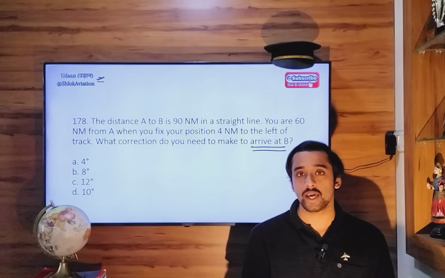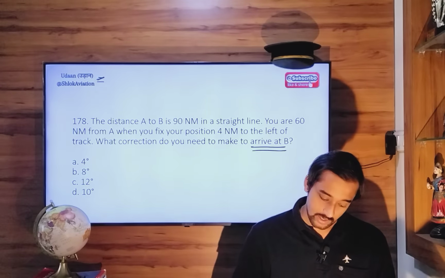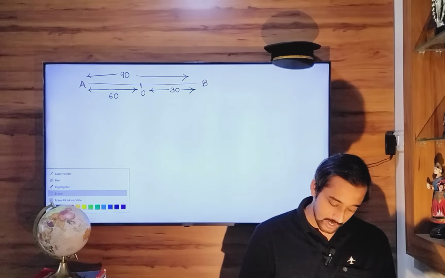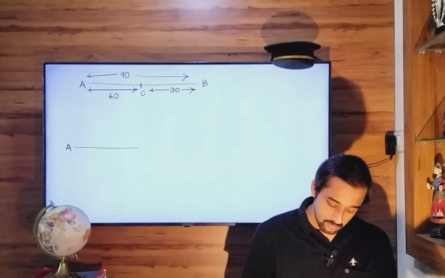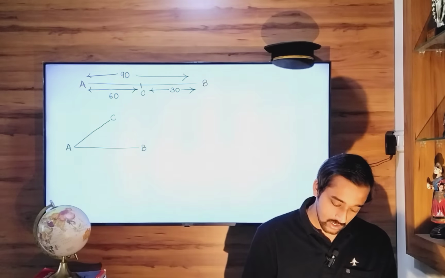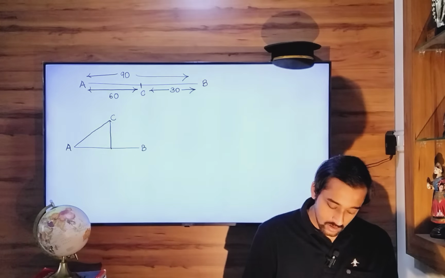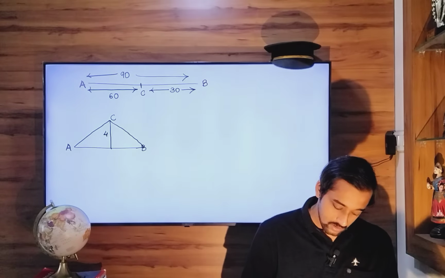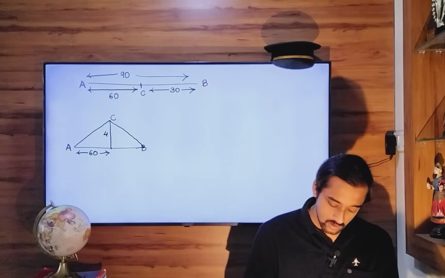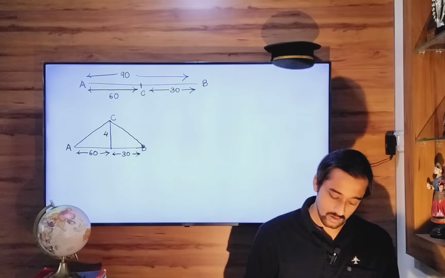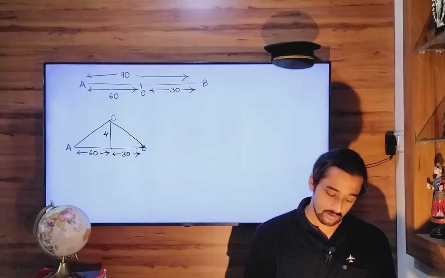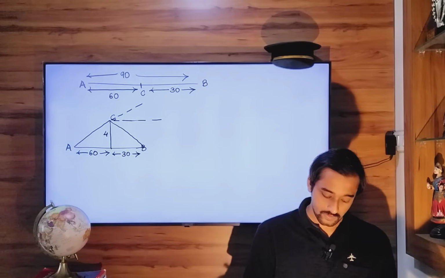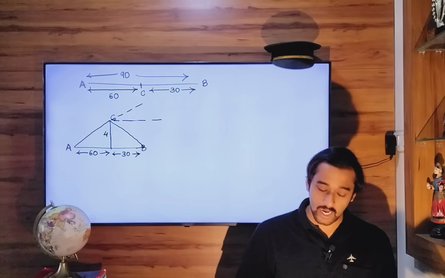So you will have to use the track error and closing angle method. Okay, 4 miles to the left. So your diagram is like this: A, B, C. Let's find out track error angle.